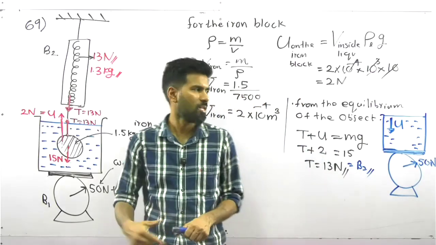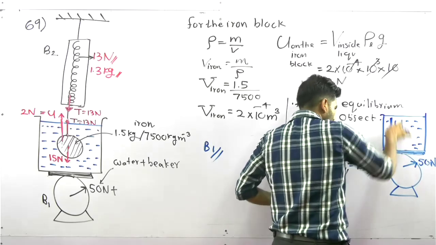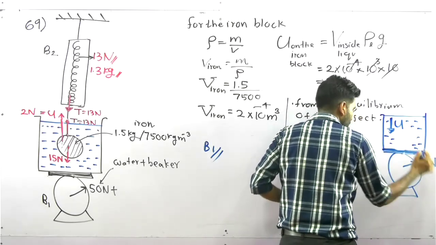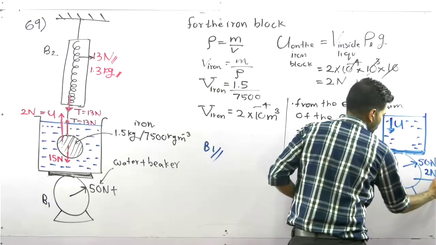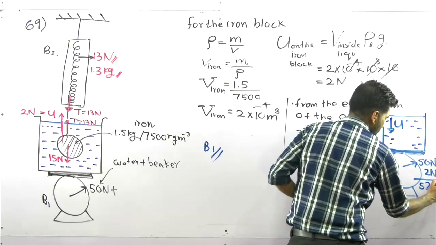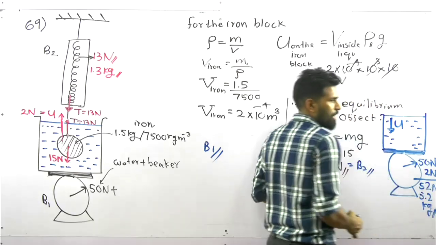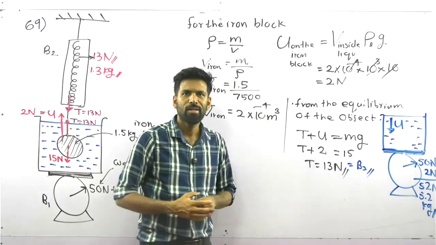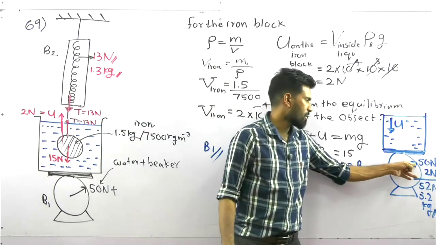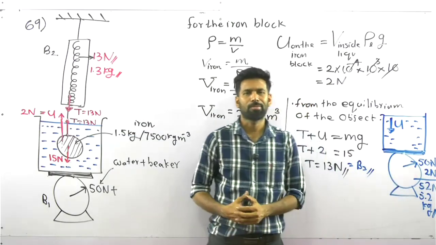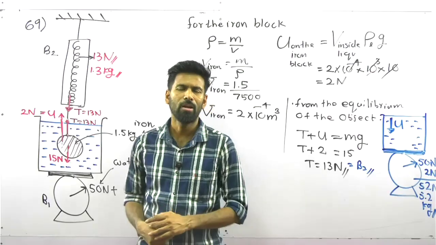It's 2 newtons, so that too will be felt by the plate here. So 52 newtons, 5.2 kg, is the reading of the table balance.